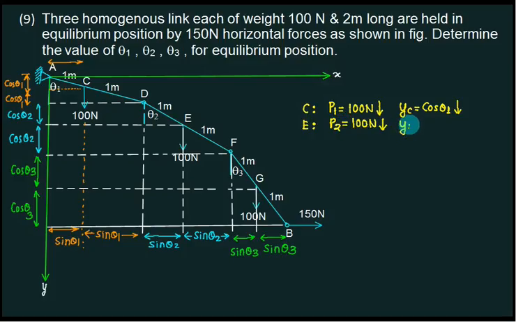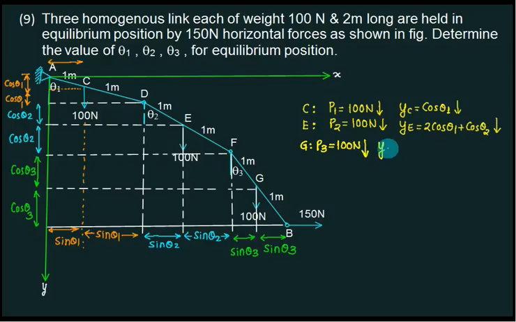What is the YE coordinate? Now for the y coordinate, I have to travel this much distance. This distance consists of 2 cos theta 1 and 1 cos theta 2, which is attached at G. This time it is P3. P3 is 100 Newton. It is still acting downward.